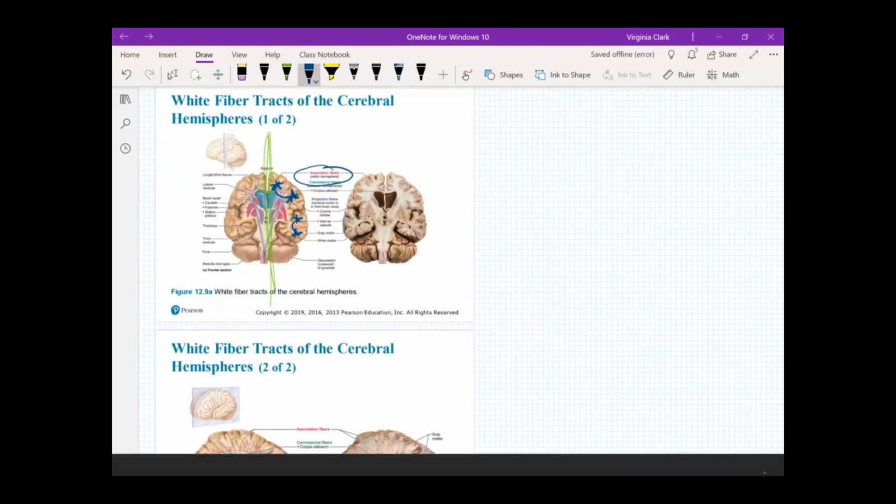So our commissural fibers, I covered it up, I apologize, are going to be the ones that are going from side to side. So you can see these here. There's some commissural fibers there. And they are running and connecting side to side. The biggest one that is your commissural is going to be your corpus callosum, which is the major pathway between the right and the left side of the body.